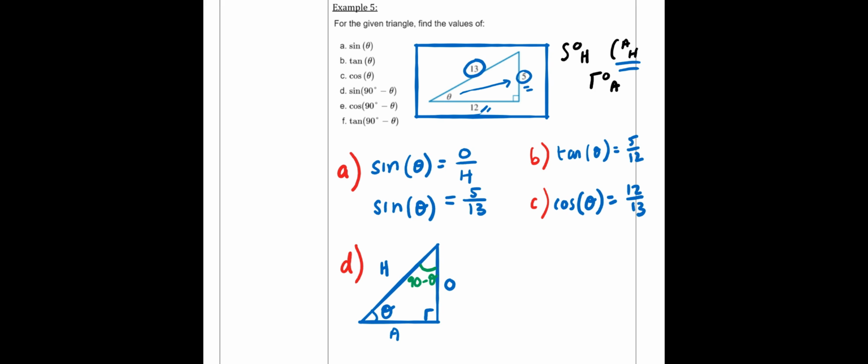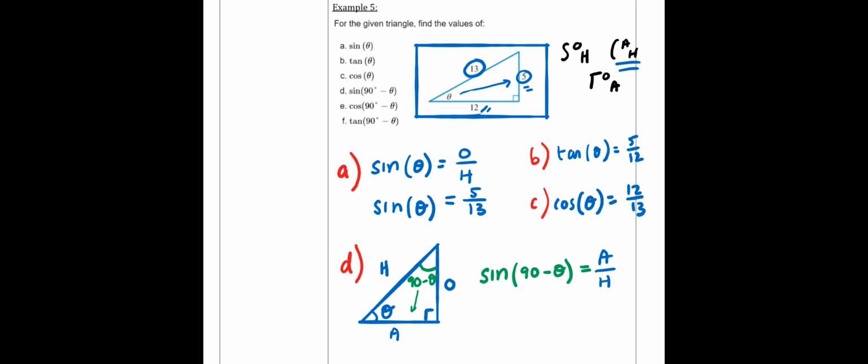Well, if I think about 90 minus theta, the opposite side is here, the adjacent side is there, because now I'm talking about a different angle. Well, if I'm now just imagining this, sine of 90 minus theta is equal to that opposite, which is A, divided by the hypotenuse, which is H. And I know that A over H is actually cos theta.